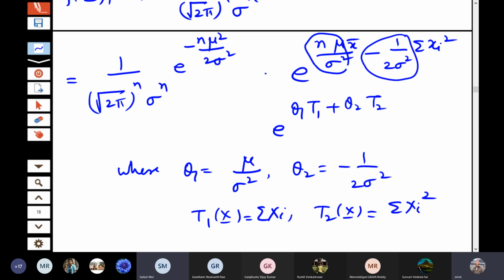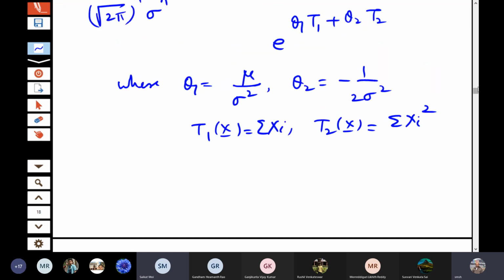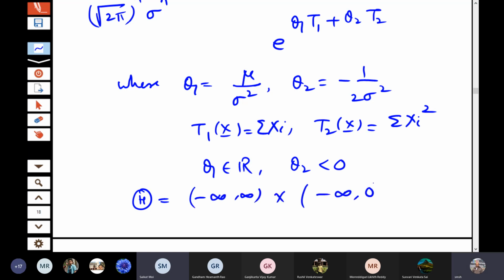So if you consider this as the two parameter exponential family, then parameter theta 1 is any real and theta 2 is a negative number, because sigma square is positive, so minus 1 by 2 sigma square. So the parameter space theta is a two-dimensional space. Basically, I can write it in the set theoretic form as minus infinity to infinity cross minus infinity to 0.